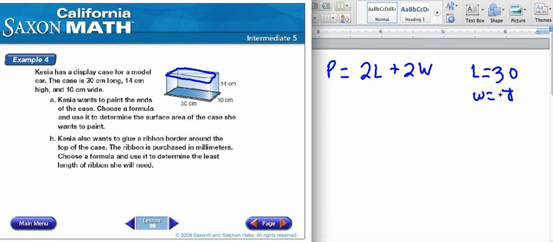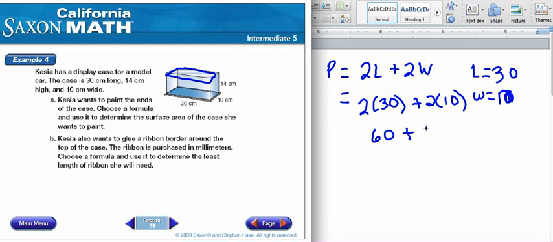Oh, that's a 10. Okay, so I'm going to plug it into my formula. 2 times the length, which is 30. I put parentheses to show that I'm multiplying, plus 2 times 10, the width. 2 times 30 is 60, plus 2 times 10, which is 20. 60 plus 20 is 80.